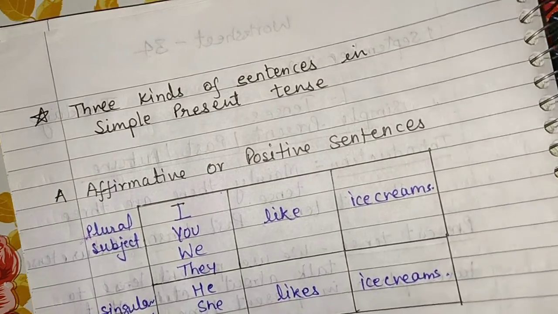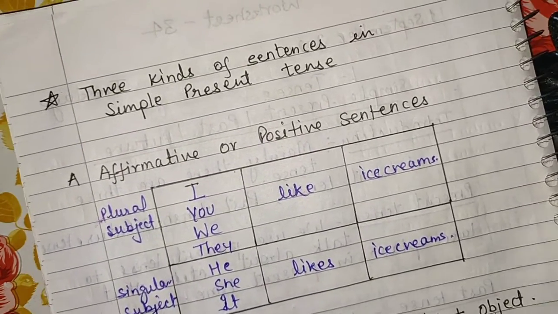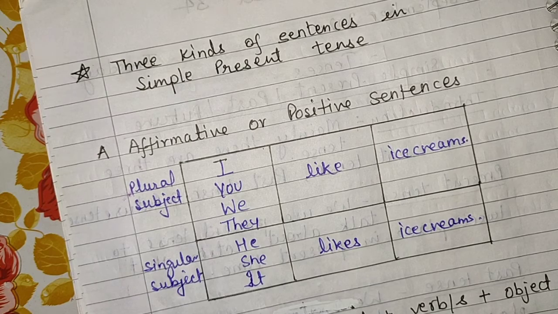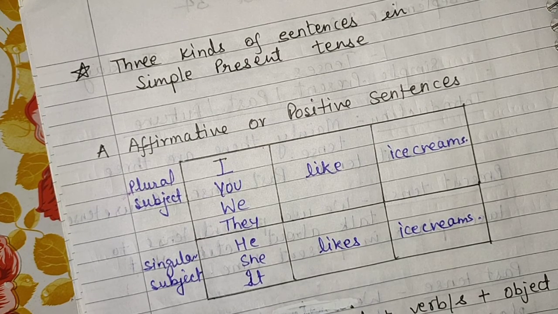Now, first of all, I would like to tell you that every sentence in every tense has three forms. How many forms are there? Three forms are there in every tense. If I'm talking about simple present tense, it will be written in three forms. What are those three forms?